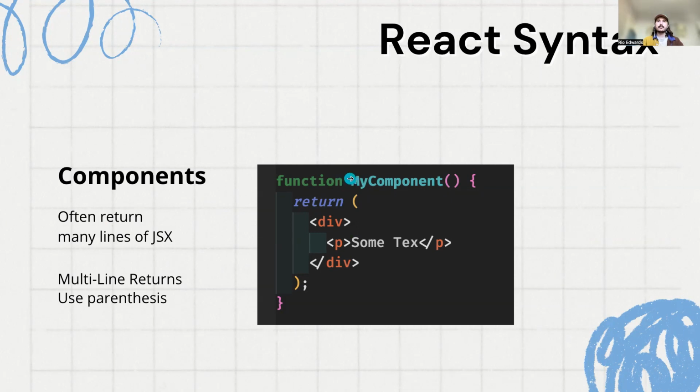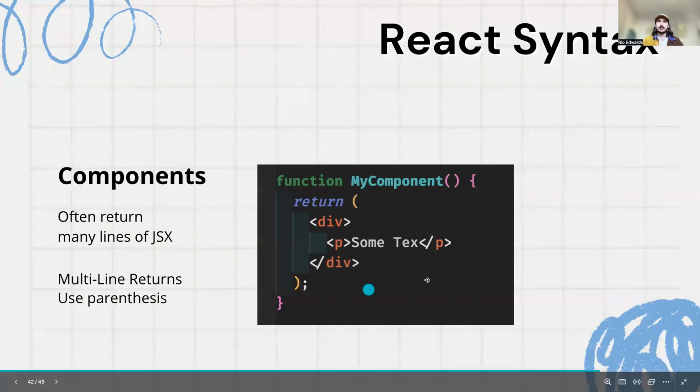It's title case, I think is what it's called. What distinguishes a component in React is that it's a function that returns some JSX. So if you have a function that returns JSX, then that is a component.